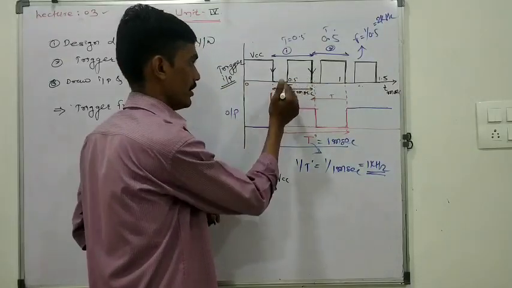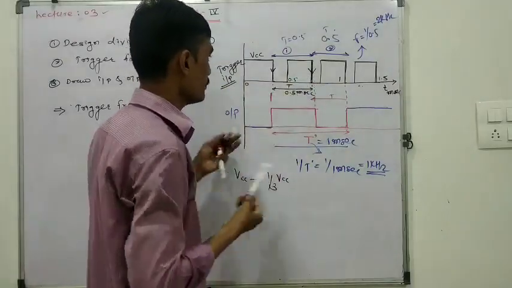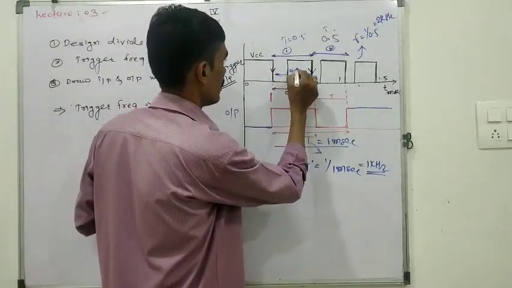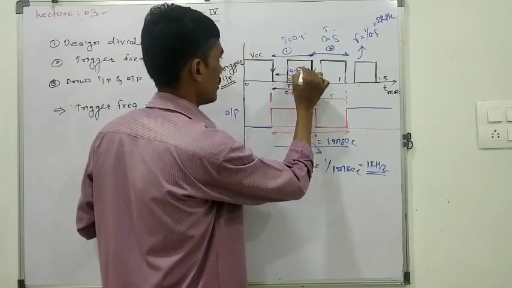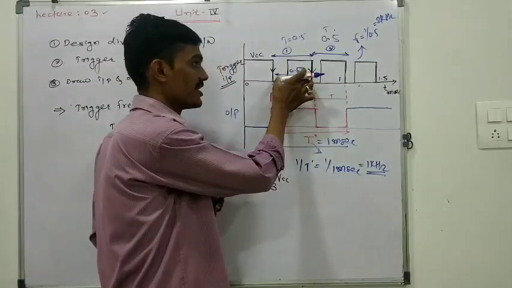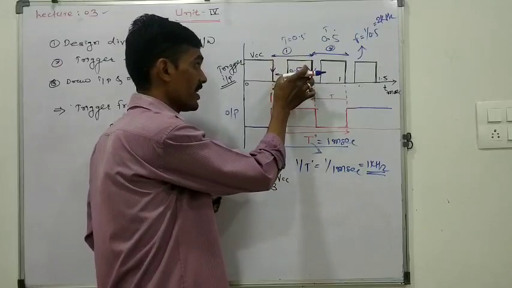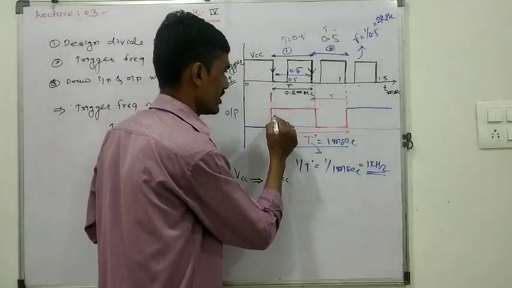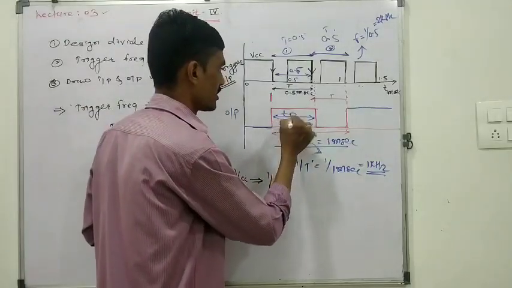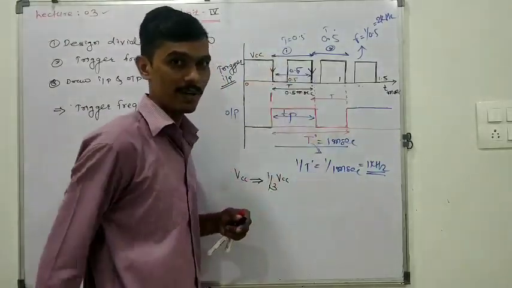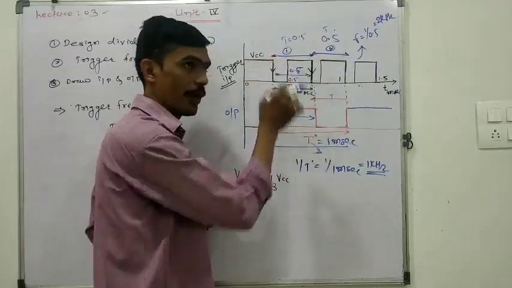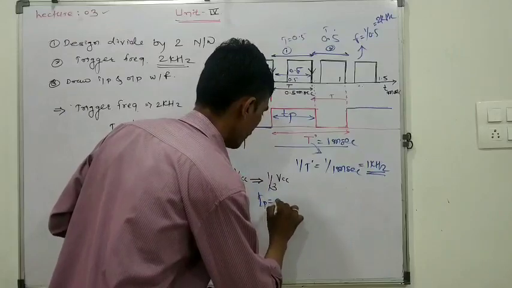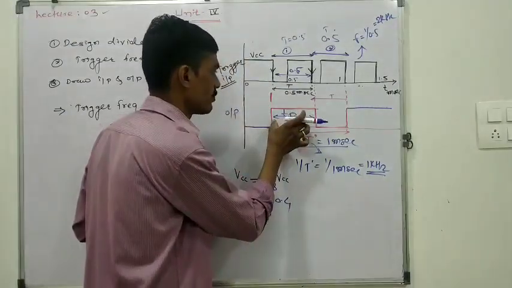For example, if you look at this period, basically this period is nothing but 0.5. Is it right? Because we are considering a single cycle, this period is nothing but 0.5. Now the T, that is the capacitor charging time, we are considering as Tp. Now if this Tp is less than 0.5, for example if Tp is 0.4, what happens?